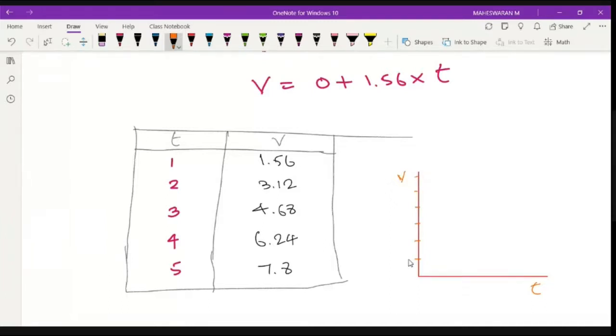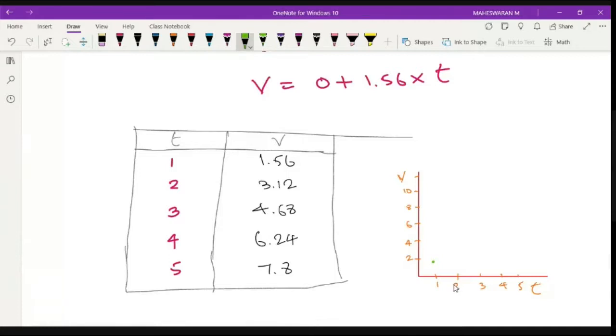On the other axis I'm going to increase in terms of twos: 2, 4, 6, 8, and I think 10 is enough. Here I can put 1, 2, 3, 4, 5. Just plot it. At 1, it is 1.56, somewhere here in this location.